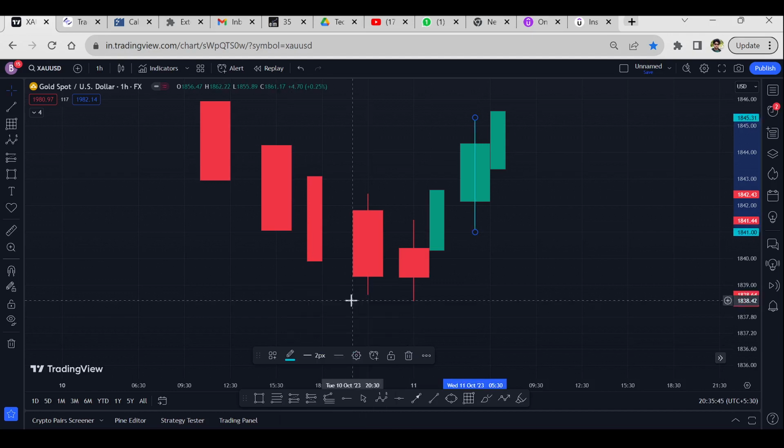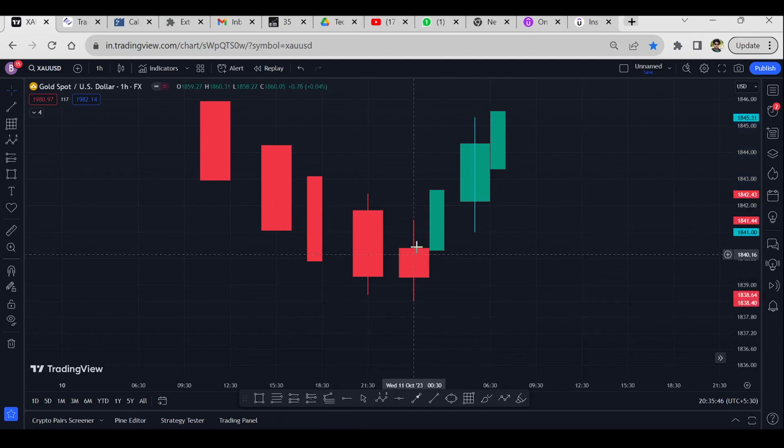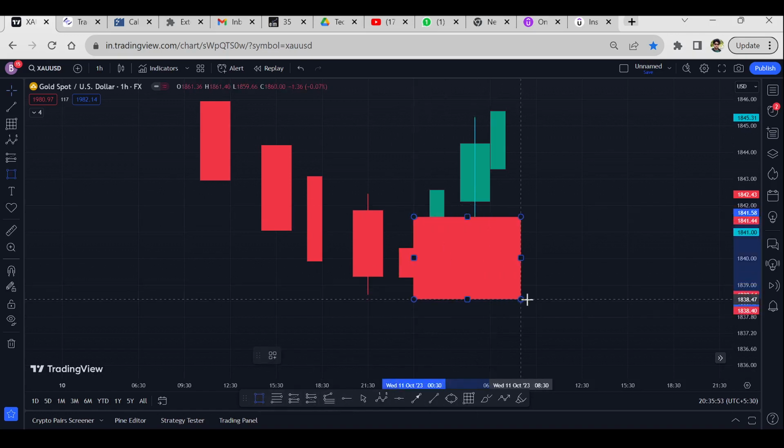Let me change the color here. So when it came here, it might become a demand zone. This whole area we will consider a demand zone.